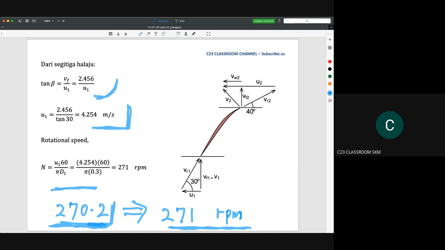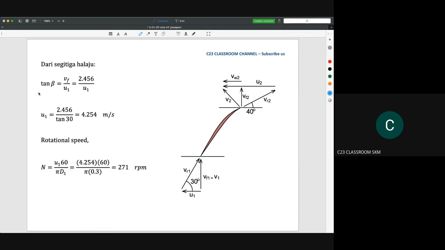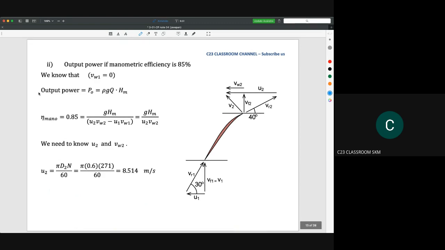Okay, this is for the first question about the RPM, and then we move to the second one. The output power if manometric efficiency is 85%. So the question wants us to calculate the output power. We know that V1 is equal to 0. So the output power is rho g Q HM.